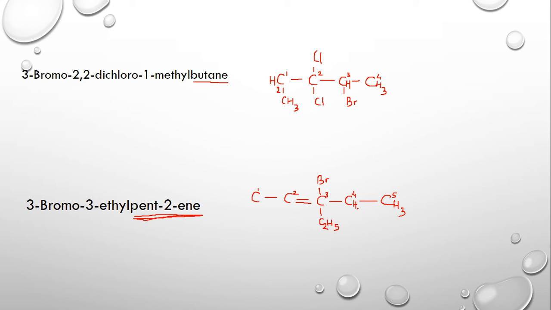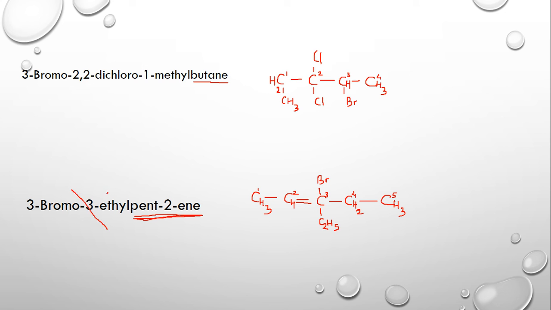CH3, CH2, CH, CH3. Okay. Now when you look at the structure, carbon number 3, if you look at the bonds, should have 4 bonds. But in this structure, we have drawn 5 bonds.